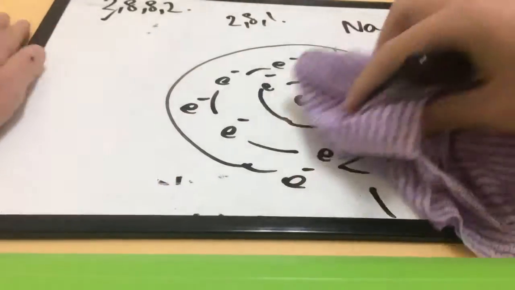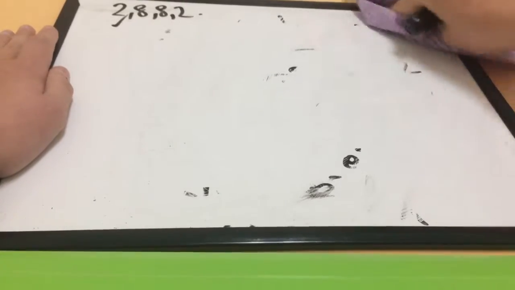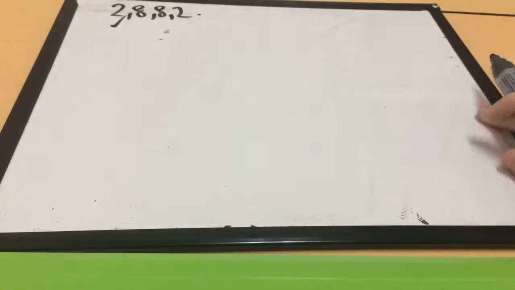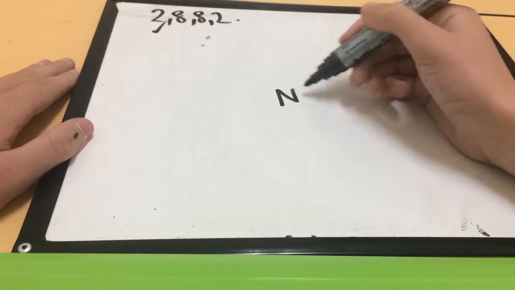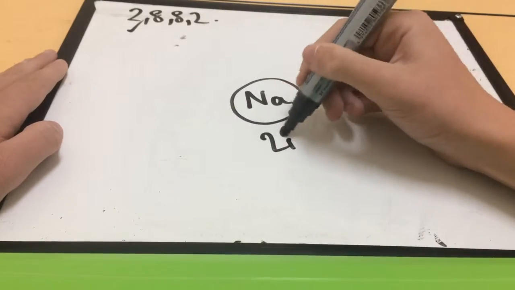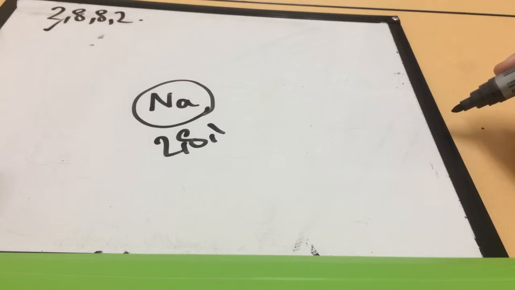So you go, okay, why is it a lonely electron? Isn't that how it works? And you're going to be like, no. This is where ions come into play. This is actually what ions are. Say the sodium atom has a 2, 8, 1 electron configuration, and it wants to make a compound.